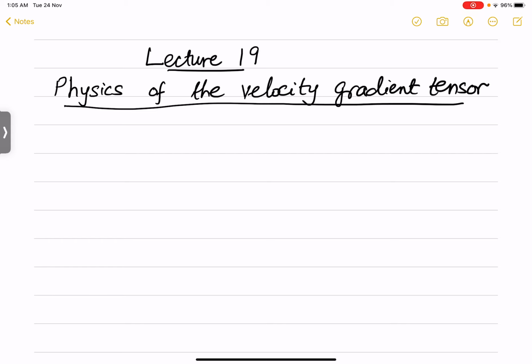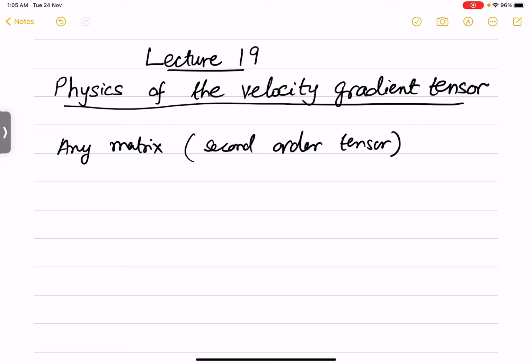operation. If we have any matrix, which we refer to, and in this case we'll talk of the matrix as a second order tensor.